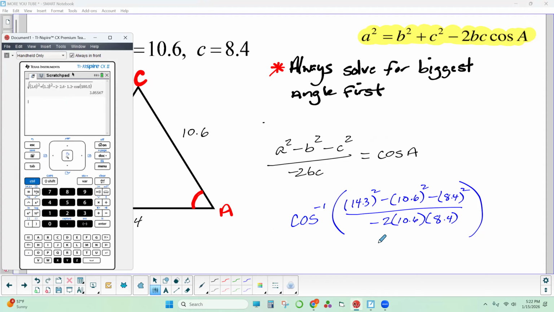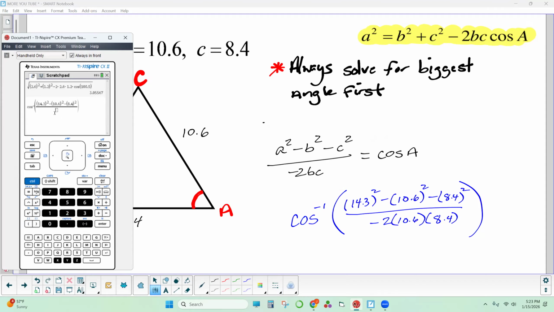Okay? So we are going to go inverse cosine. Okay? We've got to use the inverse function here. We're looking for an angle. Okay? And up top, I've got 14.3 squared minus 10.6 squared minus 8.4 squared.